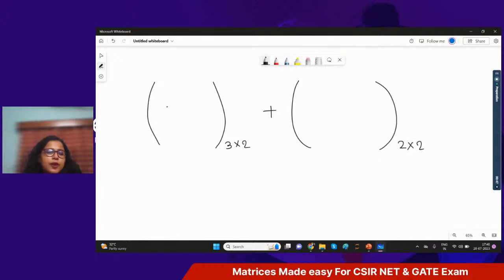So say we have 1 5 8 and minus 6 0 7, and here we write 2 cross 2, so 4 9 3 7.